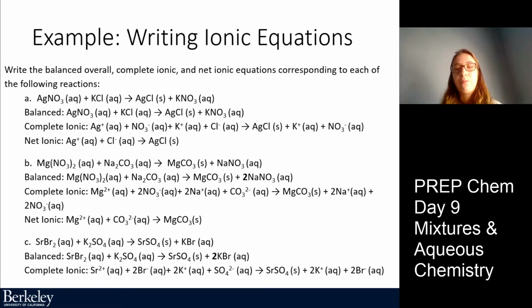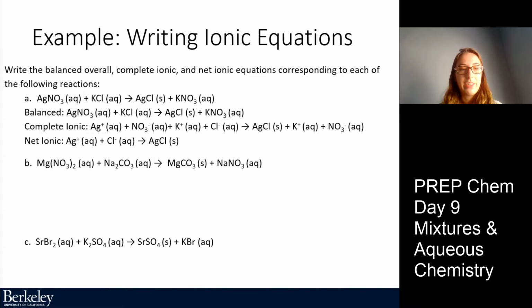So someone asked in problem B, where did I get the 2 for Na plus? If you look back at the original question, let me go back in the slides. We have two sodium atoms, and then the carbonate, right? So we know that there are 2 sodiums for every 1 carbonate, just because that's given in the molecular formula that is in solution. We want to keep track of how many of each element we have.